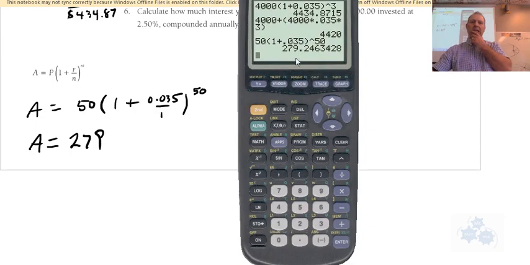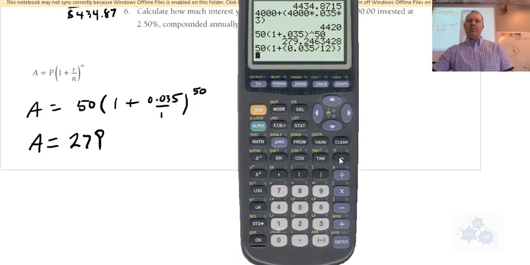So let's see. What if that wasn't compounded annually, but what if it was compounded monthly? How would that change? Well, this is going to be 0.035 divided by 12, right?